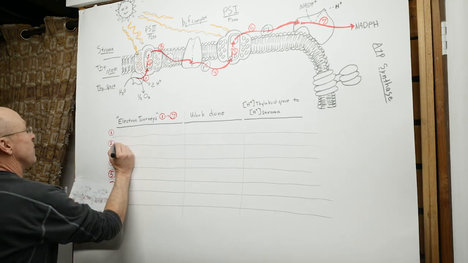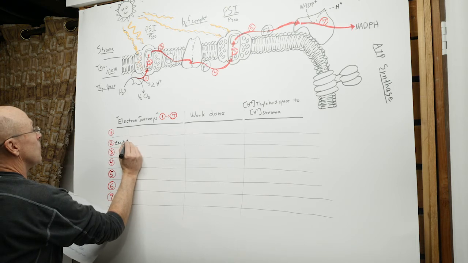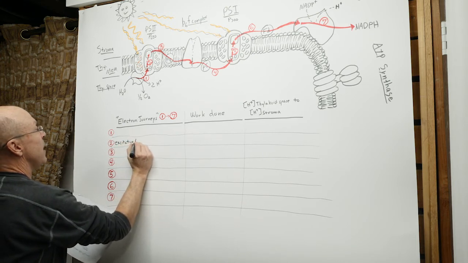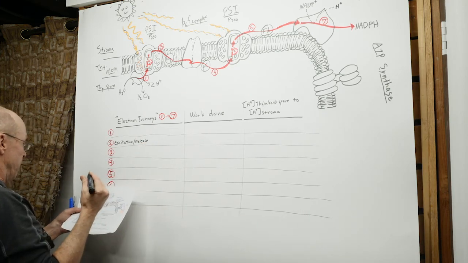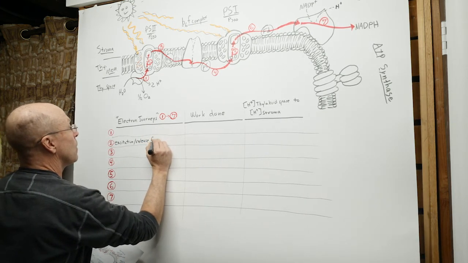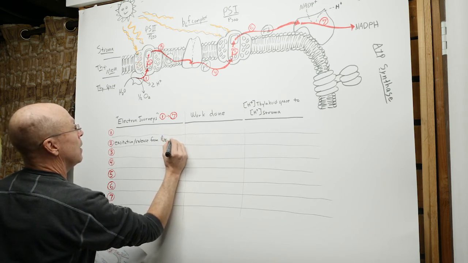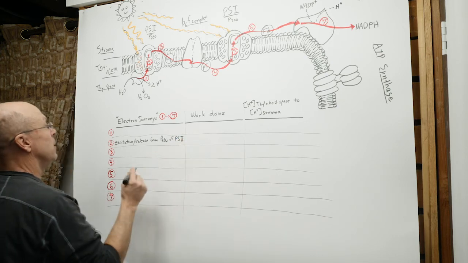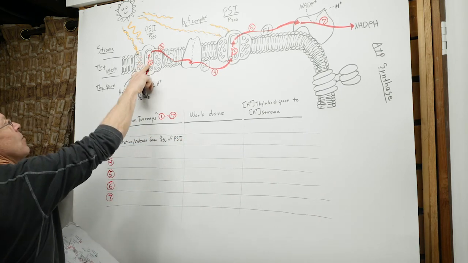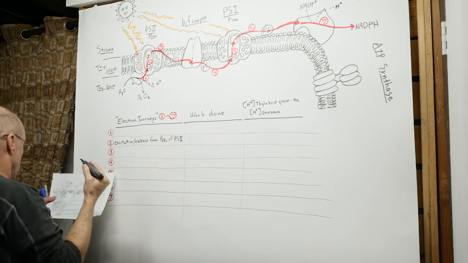I'm going to say here, therefore, that we have excitation/release, and that's the important part, from P680 of PS2. That's that journey. That arrow is described by that.